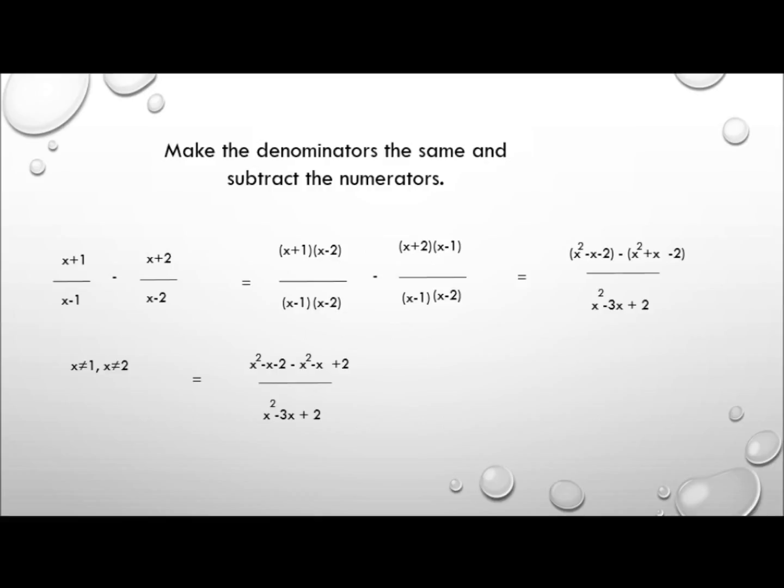So when we come to get rid of the brackets, we must remember that the signs are going to flip-flop. So what's positive becomes negative and what's negative becomes positive. And last, of course, all we do is tidy up our fraction by combining like terms.